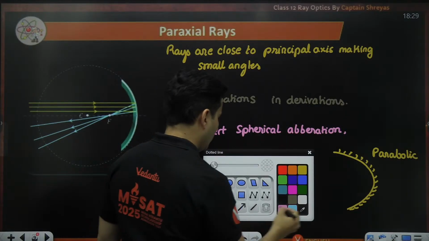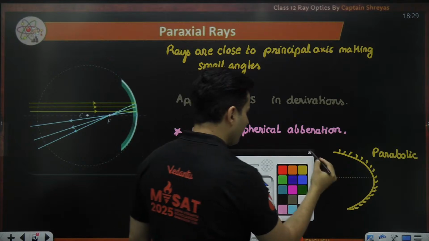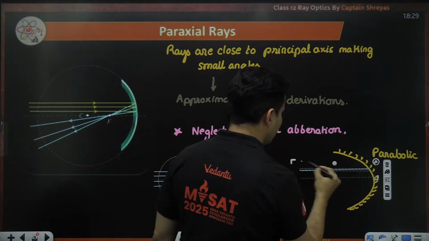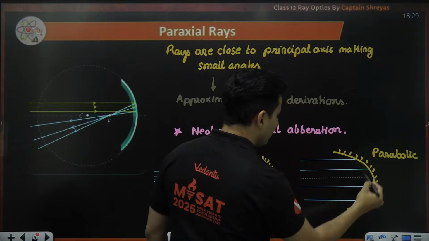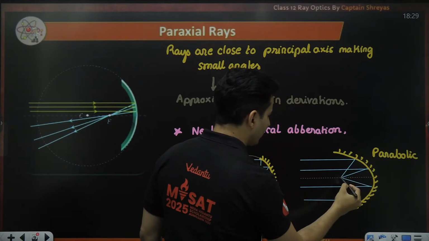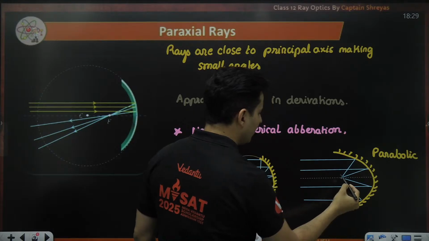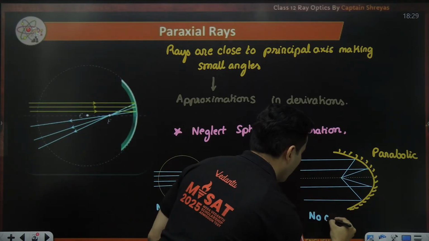All right, and this is our principal axis. Then, no matter where you take the rays, here or here, wherever you take it, you will see the rays will exactly meet at the same point. So now there is no aberration.